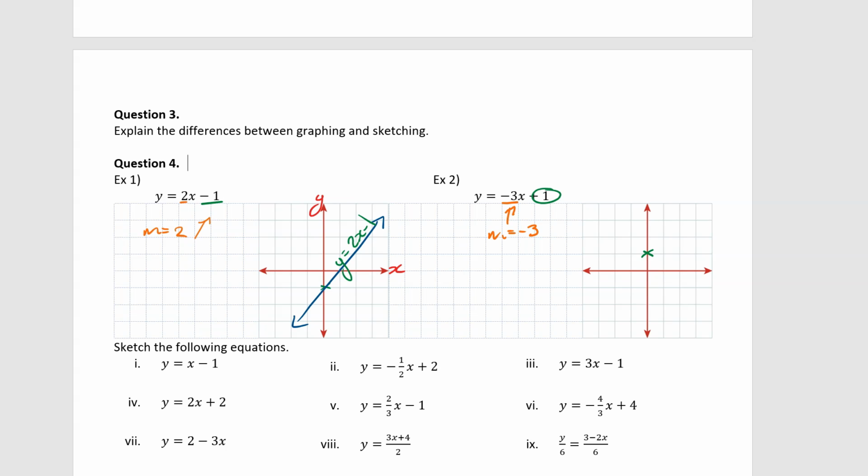So what we're going to expect is something that's going down, like so, and it's going to be quite steep because it's minus 3. So if we sketch this, what we'll find is we get something of the likes of, boom, something like that. And then I'm going to label it y equals minus 3x plus 1.